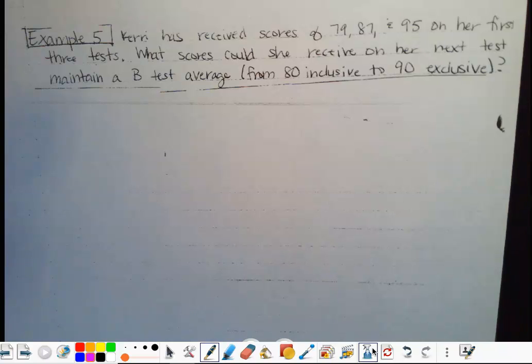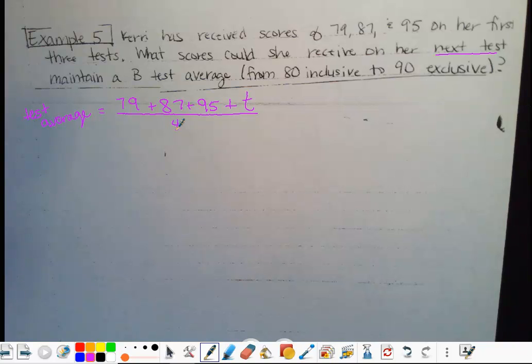Okay, so the first thing is we need to get her test average. To find an average, we add up all the scores and divide by how many tests she took. So she has a 79 plus an 87 plus a 95 plus, I'm going to label this next one as T, because we want to know what score she would receive on her next test to maintain a B. All 4 of those are going to be divided by 4.